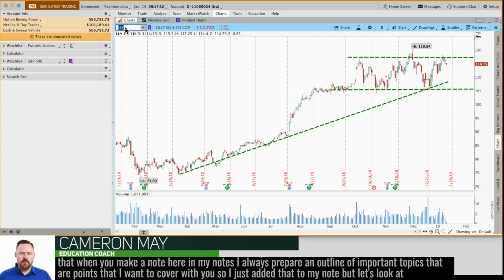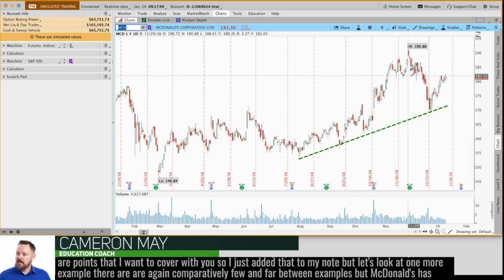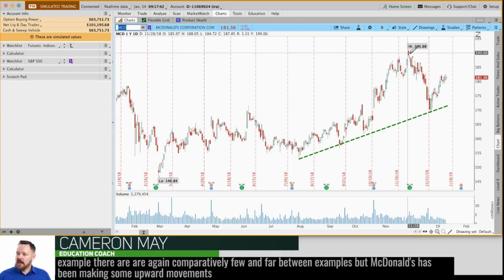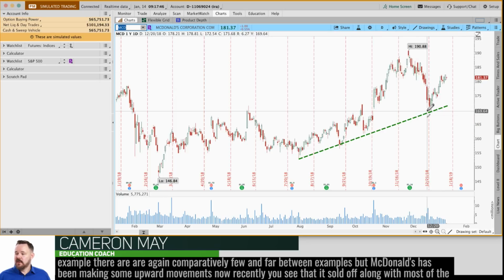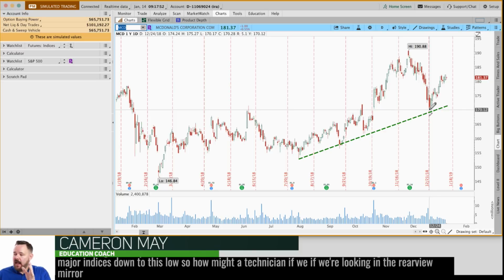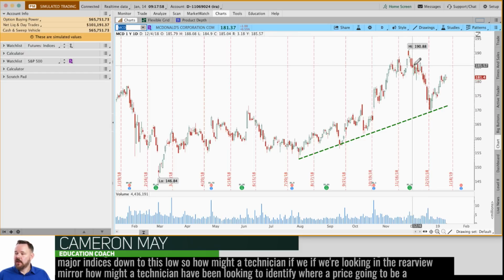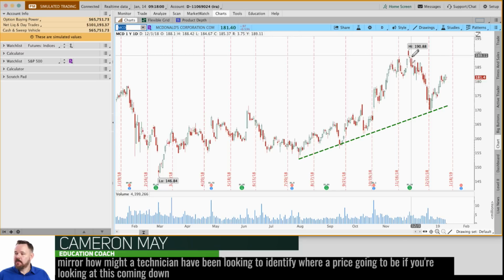But let's look at one more example. There are again, comparatively few and far between examples, but McDonald's has been making some upward movements. Now recently you see that it sold off along with most of the major indices down to this low. So how might a technician, if we're looking in the rearview mirror, have been looking to identify where a price floor is going to be if you're looking at this coming down from this peak?